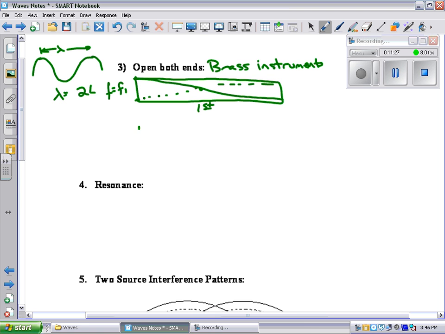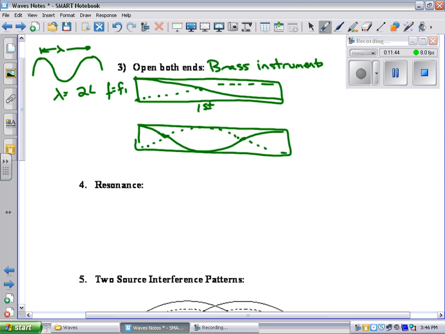My second one, I have to add a node. So I'll have 1, 2 nodes now, and it's going to look like this. Like so. This is my second harmonic.